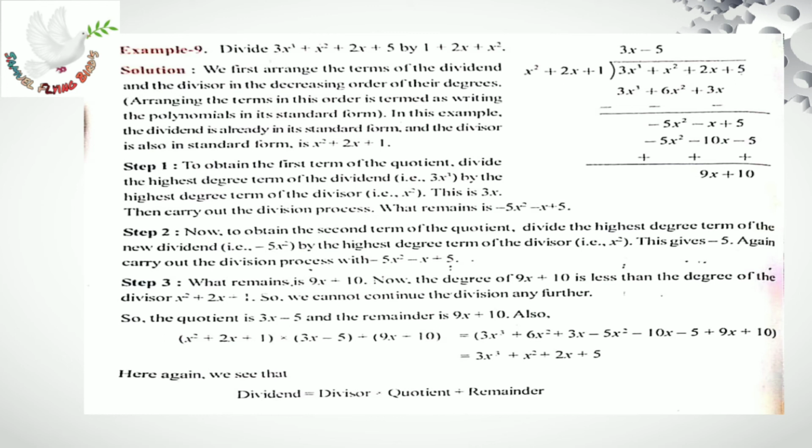So the suitable value can be considered as x square plus 2x plus 1 into minus 5. If we multiply, we get the expression as minus 5x square minus 10x minus 5. Here, after subtracting, we get the expression as 9x plus 10.